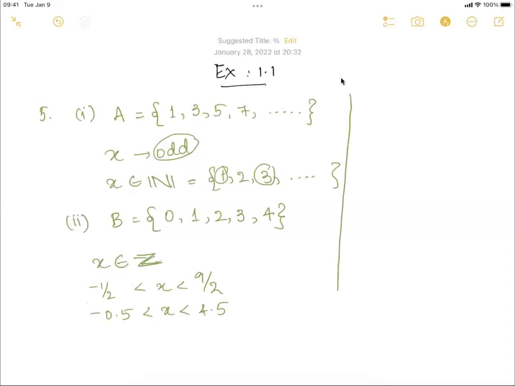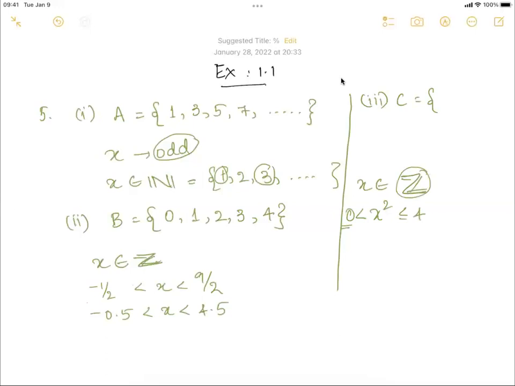Now, number 3. C is the set of all x such that x is an integer and x squared is less than or equal to 4. Squares are always positive, so that makes sense. It's implied that it's greater than or equal to 0. You cannot have a negative square because you're not dealing with imaginary numbers here.